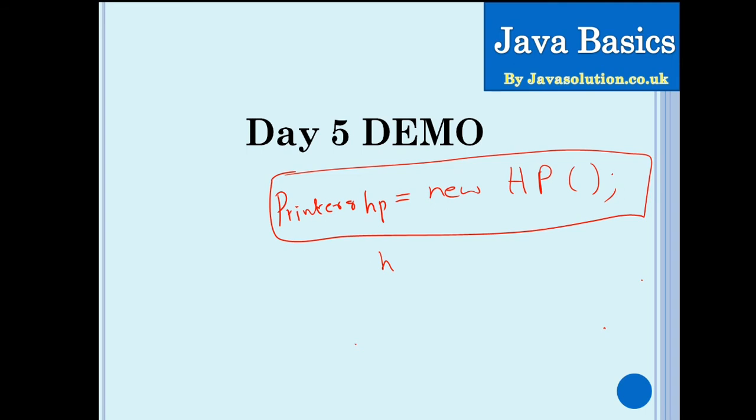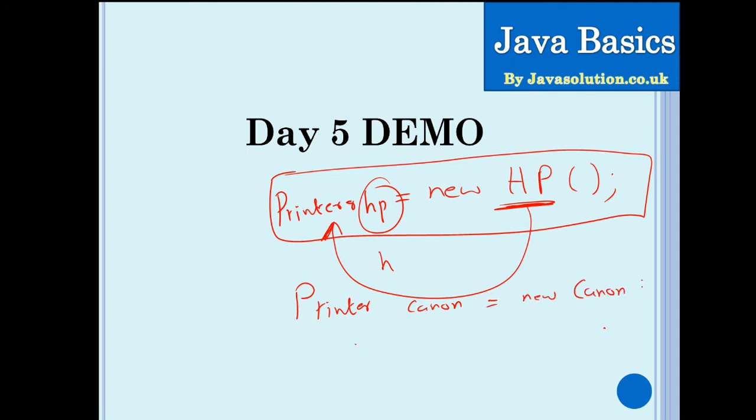Now because HP implements the printer, you can specify HP like this, and then again the printer Canon is equal to new Canon, right? So now you have two instances, Canon and HP.